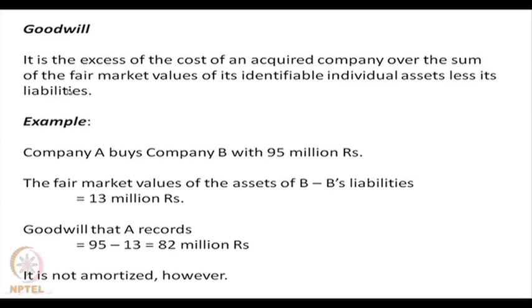Now, what is the meaning? This is explained in this example. Let us say that company A buys company B by paying 95 million rupees. Now, the financial statements, the balance sheet in particular of company B shows that it has certain assets and it has certain liabilities.